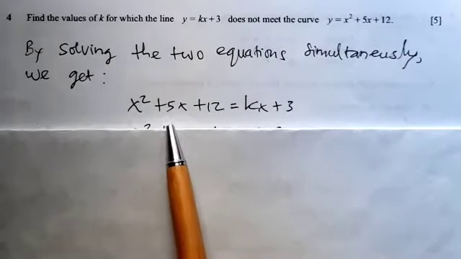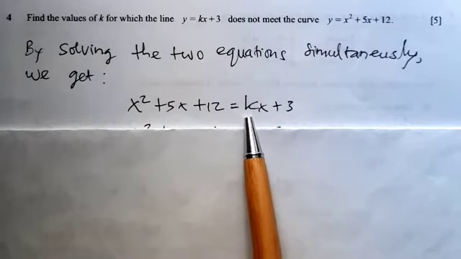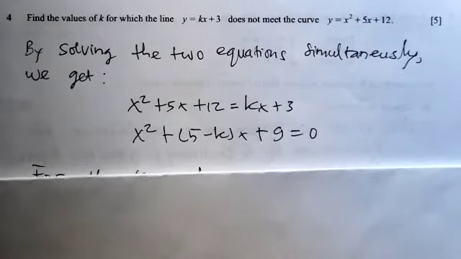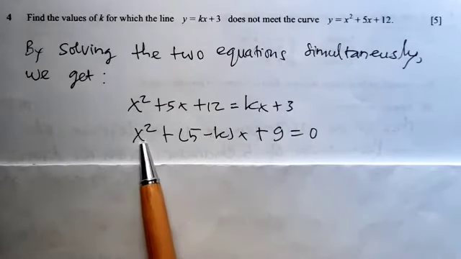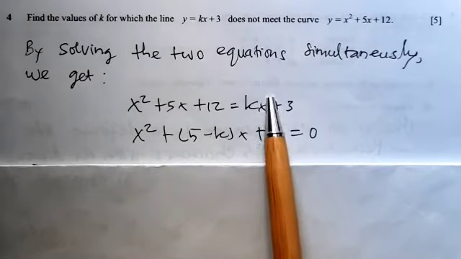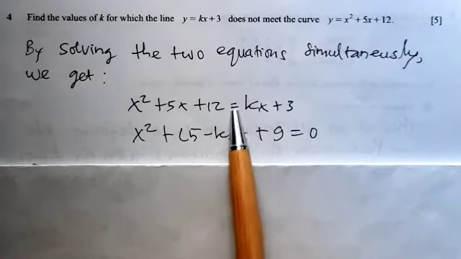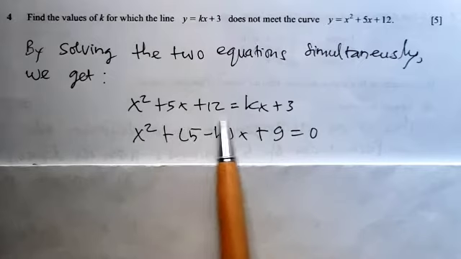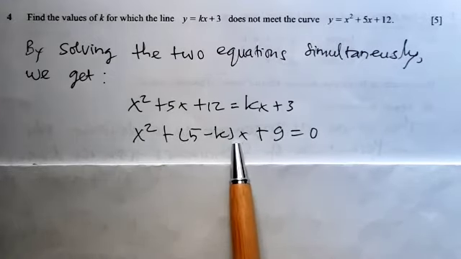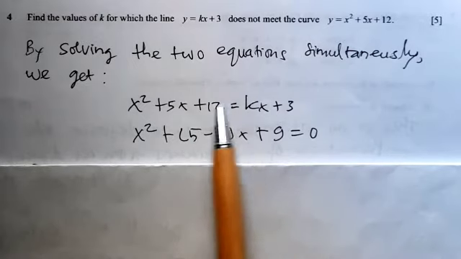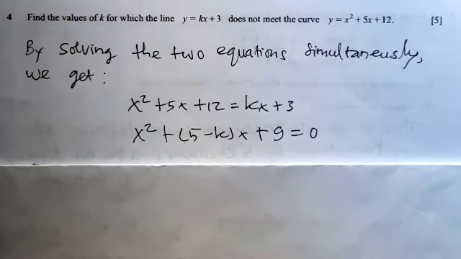Thus, x squared plus 5x plus 12 equals kx plus 3. Next step, shift all the terms to the left: x squared, then minus kx, thus 5x minus kx, that is (5 minus k) times x, and then 12 minus 3 is 9, equals 0.